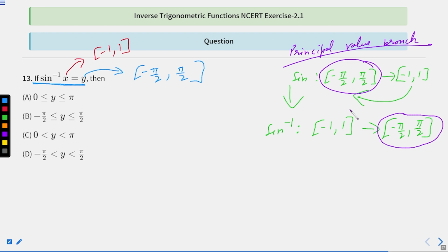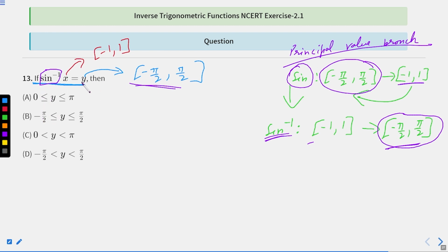And this is what? The range for the sine function, and this is what? The range for the sine inverse function. So as you can see, y must belong to here and x must belong to here if the sine inverse function is given. So then which is true?